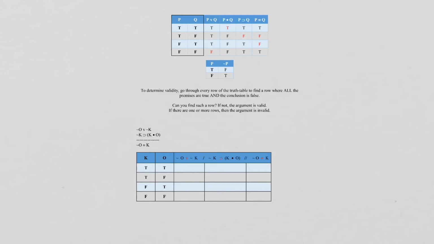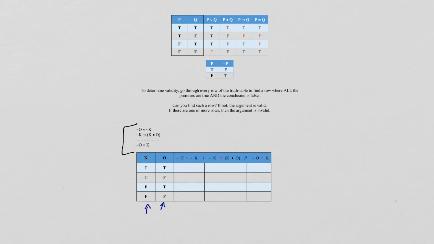Okay, so next one. Here's our argument over here. Still just two simple propositions, but as you can see, they're getting a little bit complicated now. So we're going to start taking some shortcuts here. We have this guide over here which tells us basically everything we need to know.